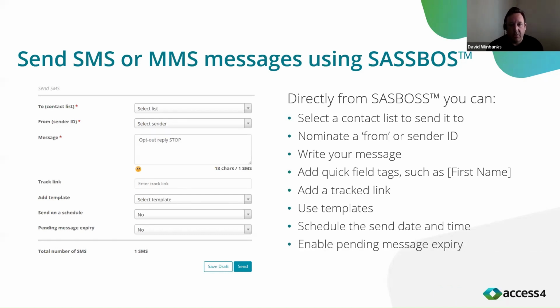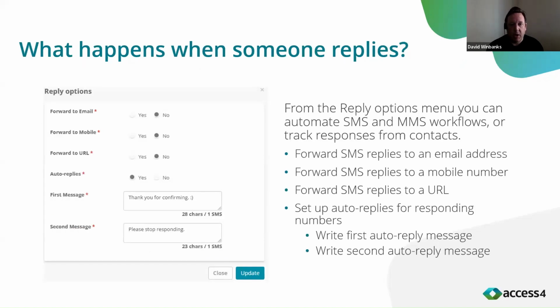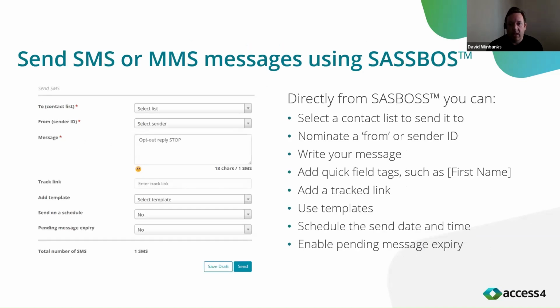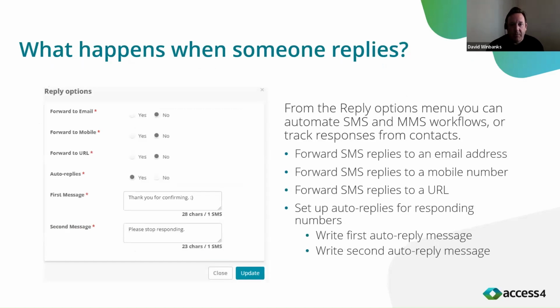And then you can have a pending message expiry. So if there isn't a response received that it's been opened, the message will expire after a certain time. So that's sending.